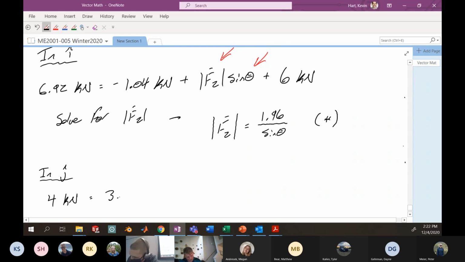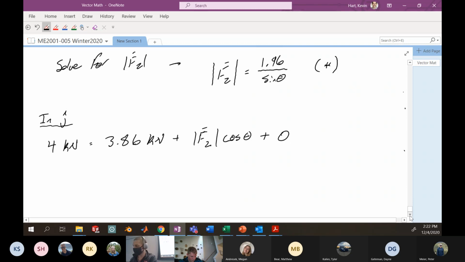This is equal to my contribution in the Y direction from F1, which is 3.86 kilonewtons, and my contribution from F2, which again is an unknown, my magnitude of F2, times the cosine of theta. And then F3, I don't have any contribution in the Y direction. It was fully in the X.